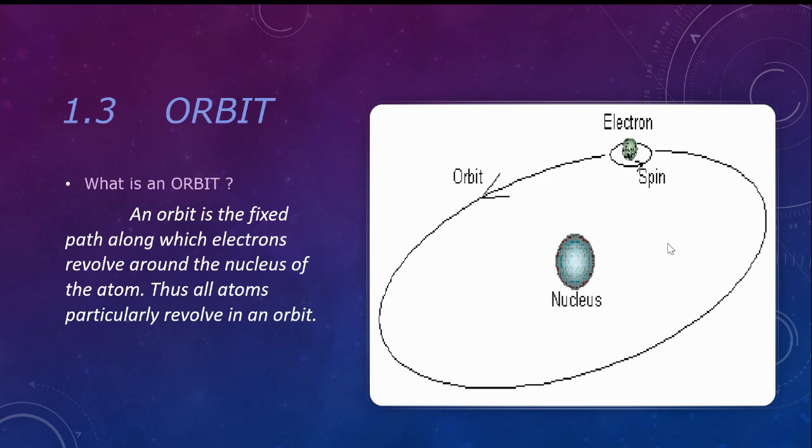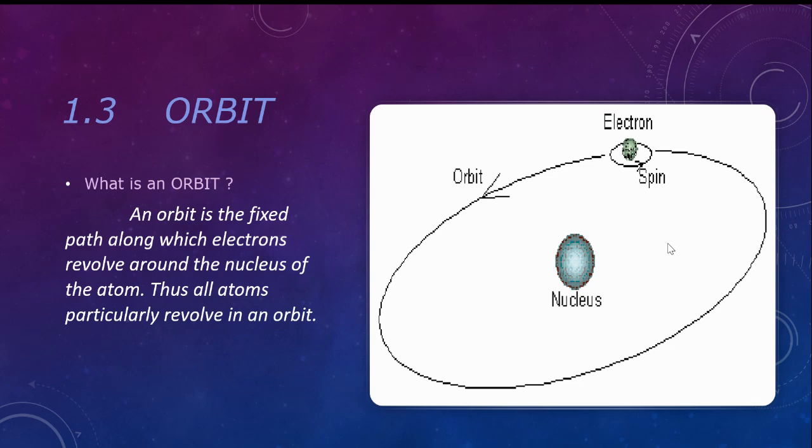In the same manner, the orbit which is close to the nucleus will be smaller in size and the orbit which is away from the nucleus will be bigger in size. And not only the size, the energy also. The orbit or the shell which is close to the nucleus will have less energy and the orbit which is away from the nucleus will have more energy.